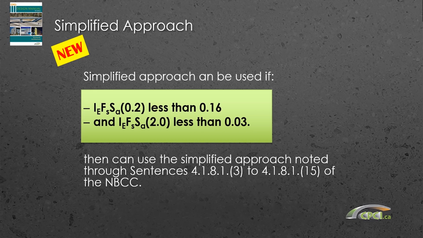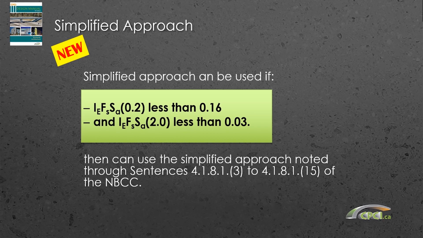Looking at the seismic hazards, I know from even the Christchurch earthquake in 2012 and going back to the Kobe, Japan earthquake and others that were in areas of just moderate to low seismic activity, it's really shown that you can get earthquakes, and if they're close to an urban center, it can cause considerable damage. So I think the 2015 NBC has really looked at things that are happening in the world as far as earthquake and seismic activity, and it has really made a lot of changes.